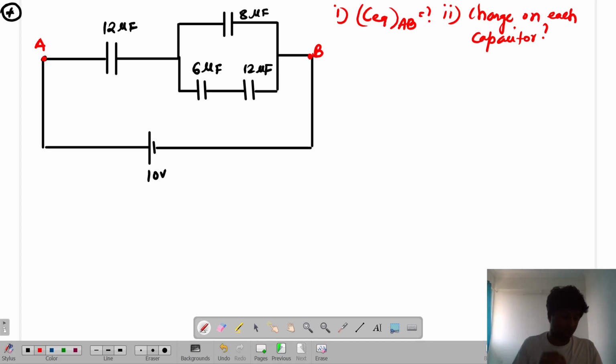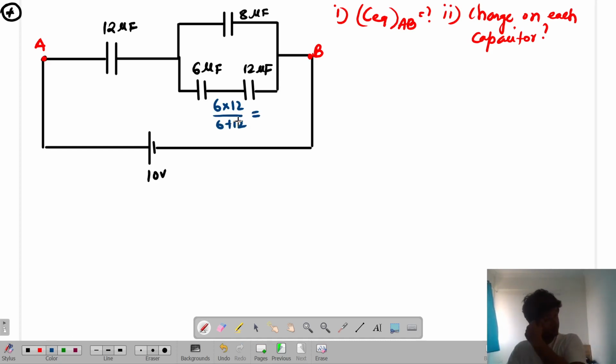So C equivalent is 6 microfarad. Look over here, this is 6 and 12, so I'll write this as 1 by 6 plus 12, directly: 6 into 12 over 6 plus 12.